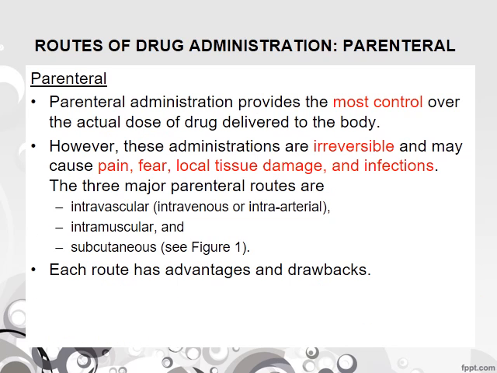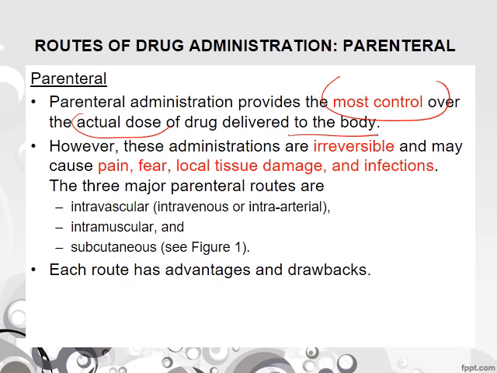Besides that, parenteral administration provides the most control over the actual dose of drug delivered to the body. Because if you take it orally, maybe you have 70% absorption for person A, and you have 50% absorption for another person. But if you give it intravenously or parenterally, you have the most control over the actual dose that you want to deliver to the body.